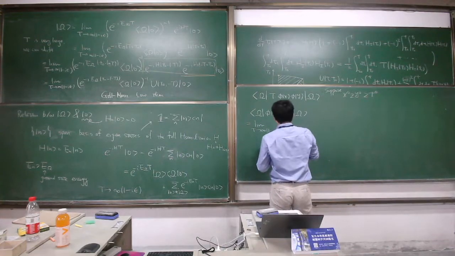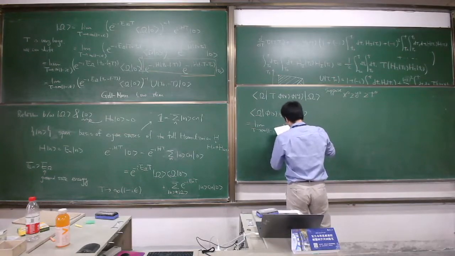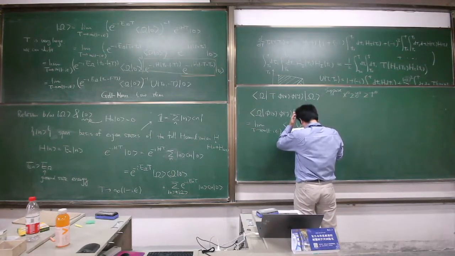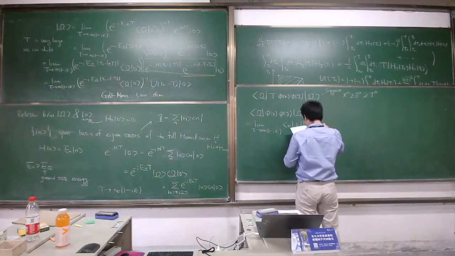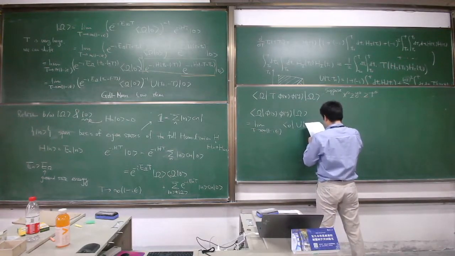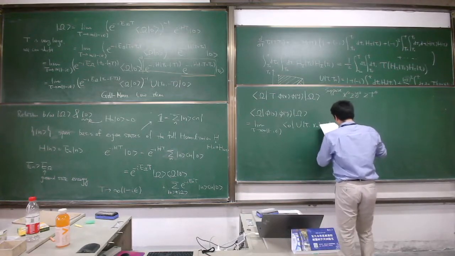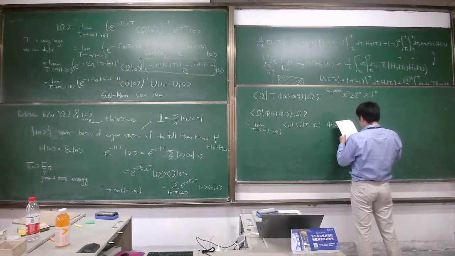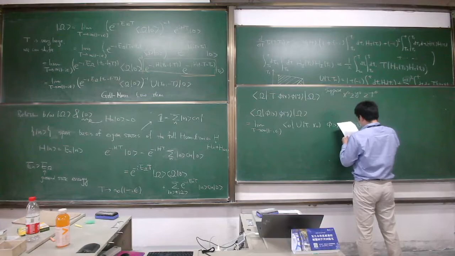So then what we have is the 0, then U dagger x naught, and then phi of x, phi of y, U. What am I doing here?